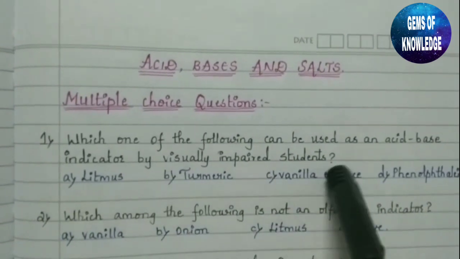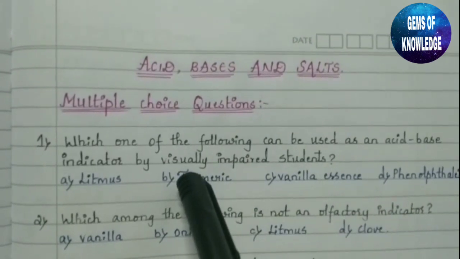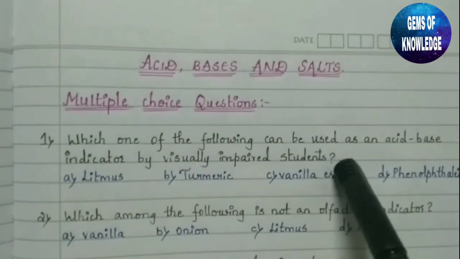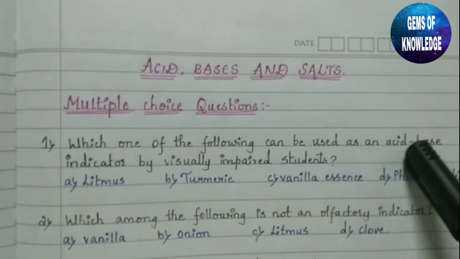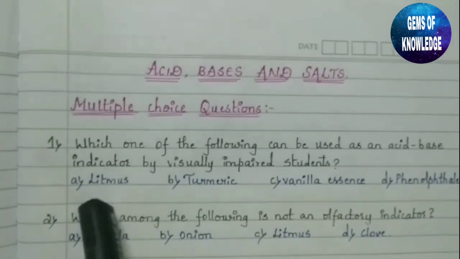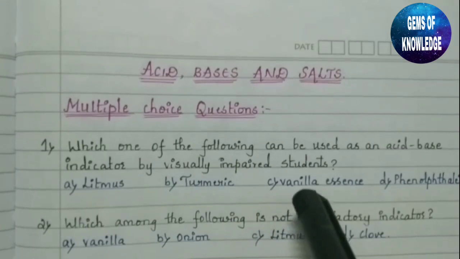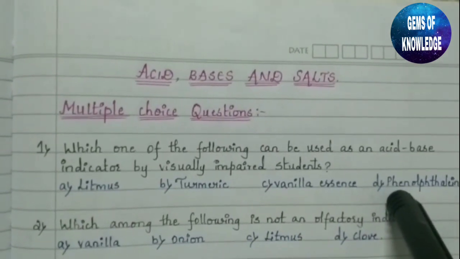Visually impaired students are those students who cannot see, the students who are blind. So for those students, which one among these can be used as an acid base indicator? Here the options have been given. First one is litmus, second one is turmeric, third one is vanilla essence, and the D one is phenolphthalein.